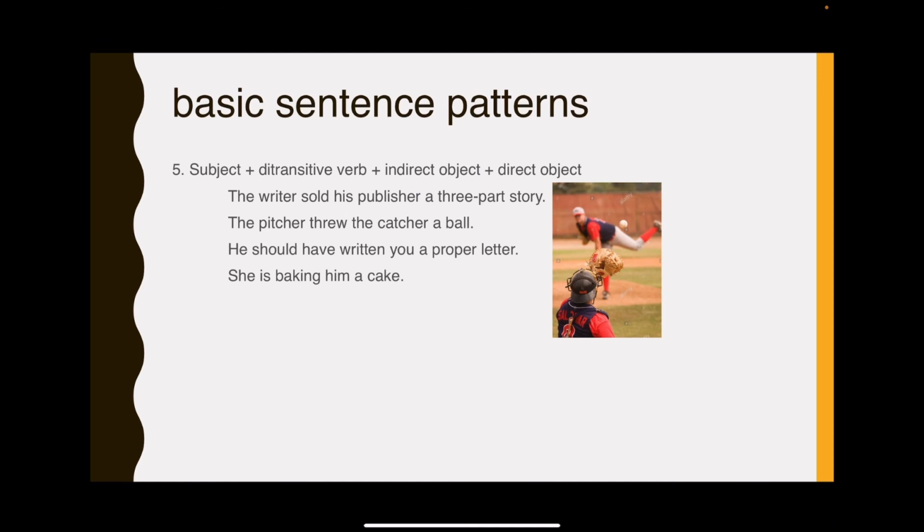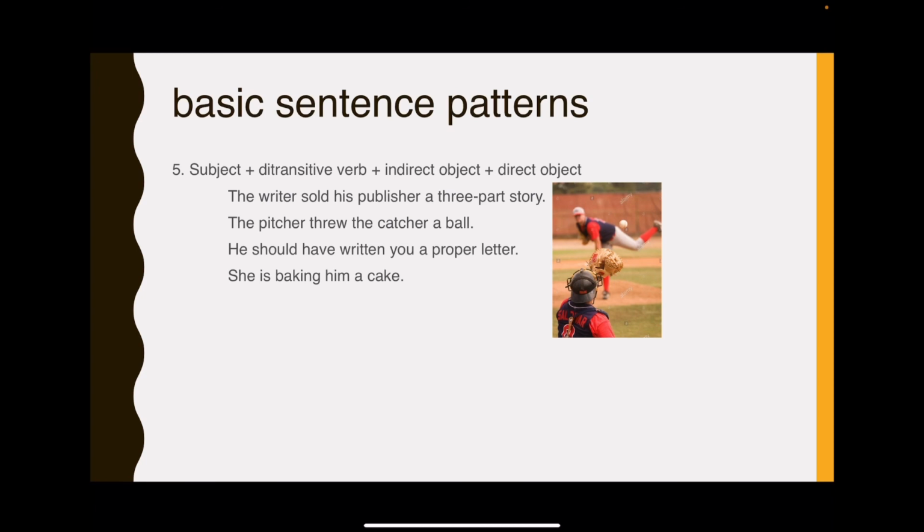For whom is she baking a cake? That is the indirect object. And the transitive verb and ditransitive verb can both be in the active structure. We can just form the sentence in the active structure.